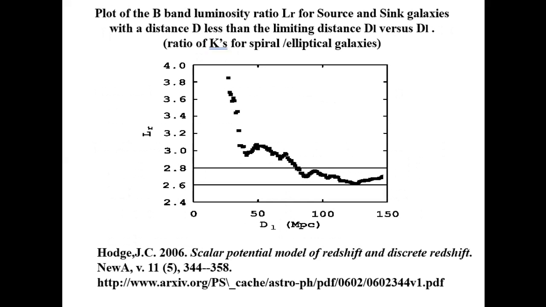First, we have to determine the Ks that we talked about. So we take a look at close to us, and as we go out in a spherical shell, we measure the B-band luminosity ratio for source and sink galaxies with the distance. And what you see is that as you go away from us, the ratio declines.